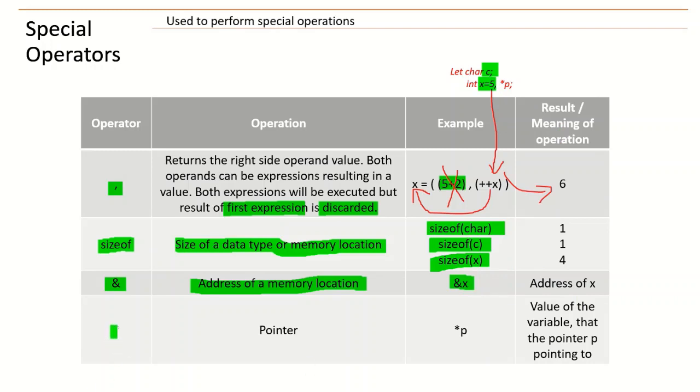Last one is the star operator, which is a pointer, and the pointer is used like this, *p. It makes the variable p a pointer variable. Pointers are used for storing the address of a memory location.